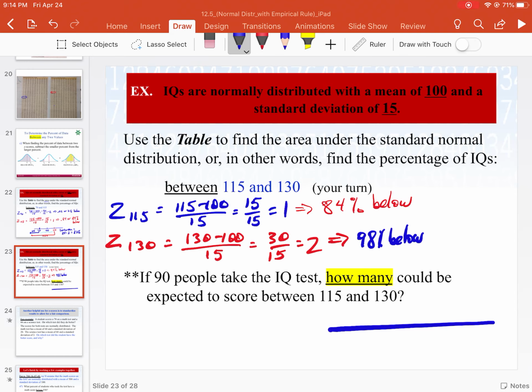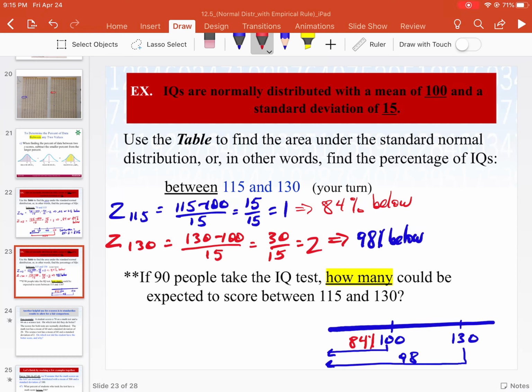So you've got the 130, and you've got the 100, and this has 98%, and this one has what? 84%.